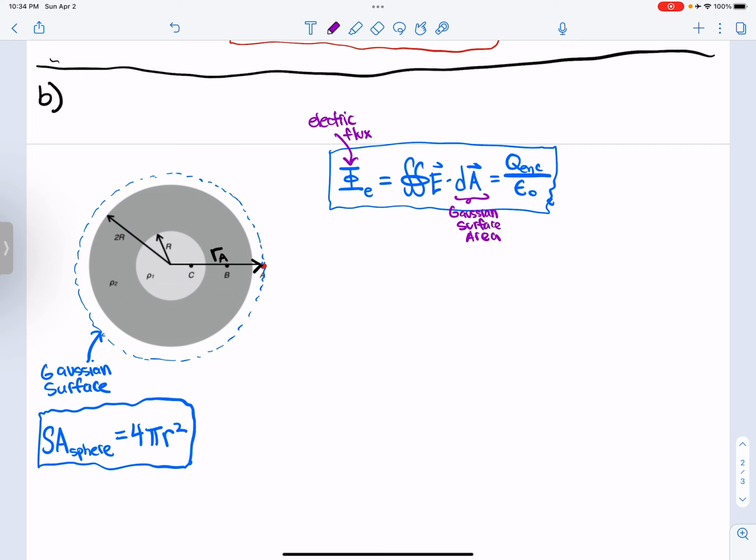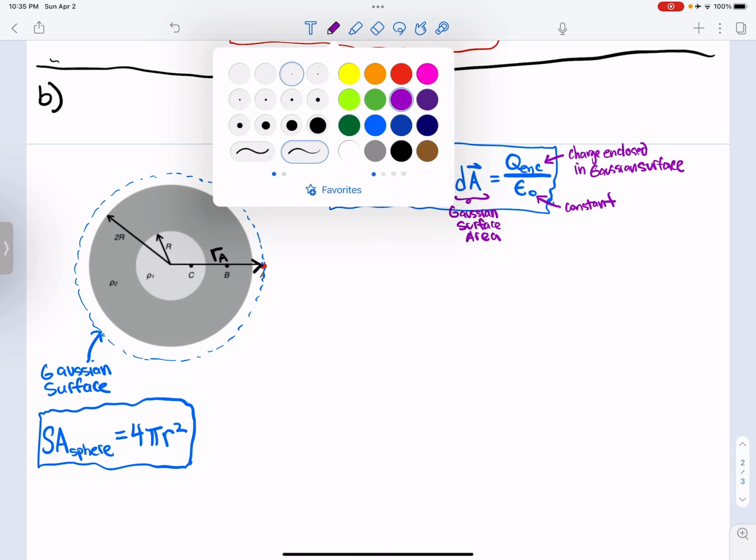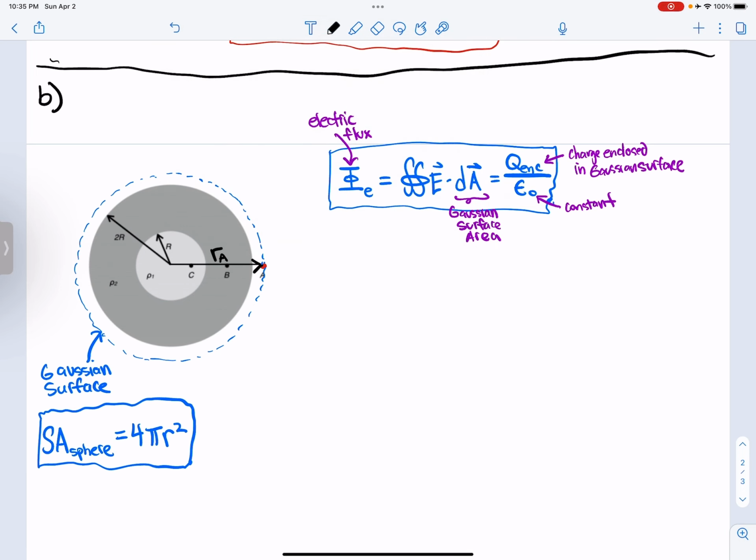And this is the charge enclosed in my Gaussian surface. This is just the permittivity of free space, that's a constant. Alrighty. So let's get back to the problem.